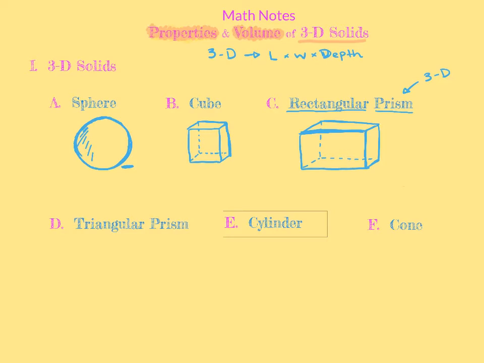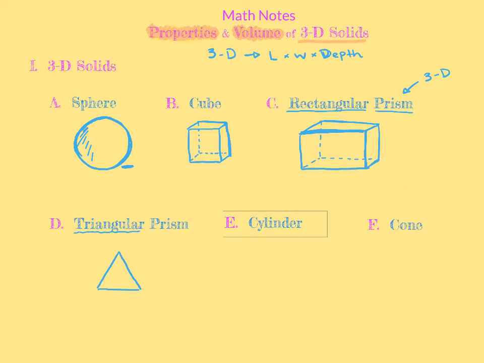So now we have a triangular prism, and I wonder if you can guess what I'm going to be saying about that. So go ahead and say it out loud to yourself and see if you can guess what I'm going to be saying. So if you said that a triangular prism is a kind of 3-dimensional version of a triangle, you are kind of right.